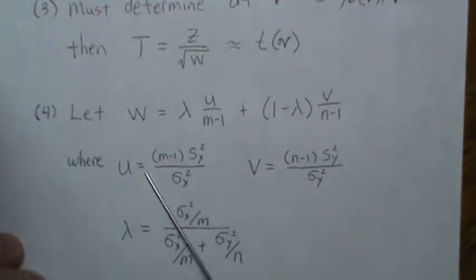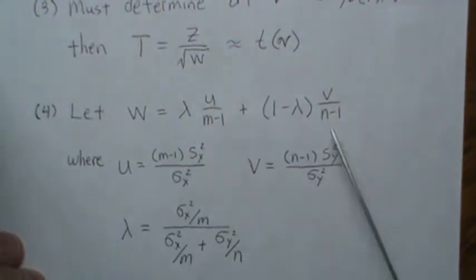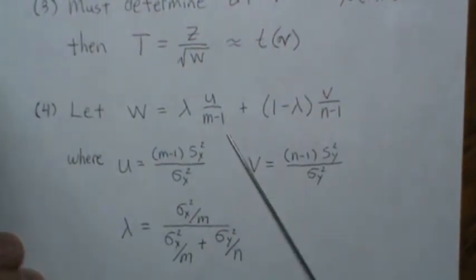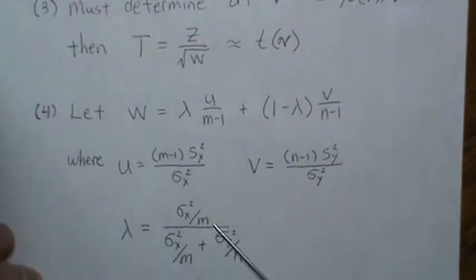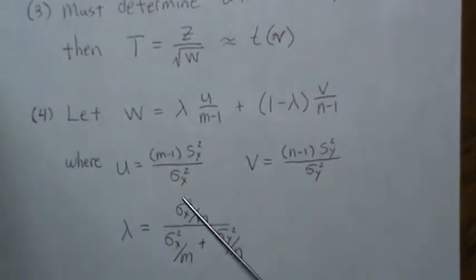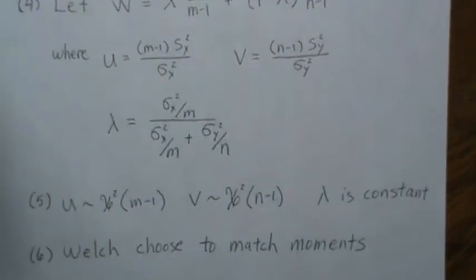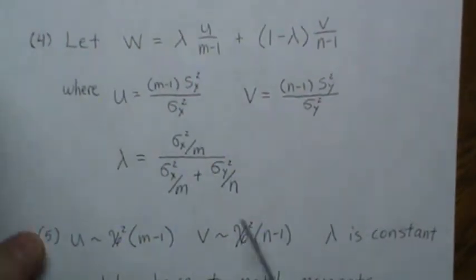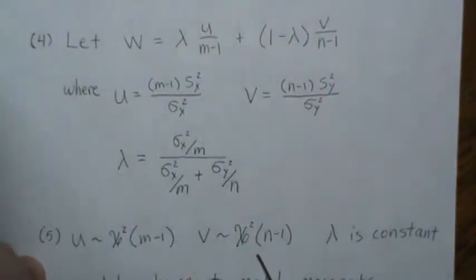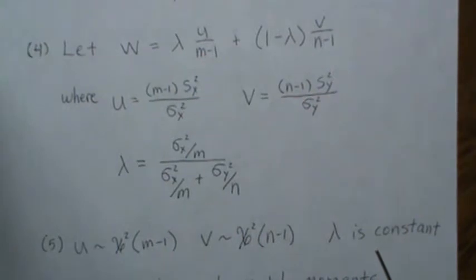We do that because U and V are chi-square distributions divided by their respective degrees of freedom. Now lambda is a constant for a given m and n and the population variances. So we note that U and V are chi-square distributions, the sample variances, and lambda is a constant.